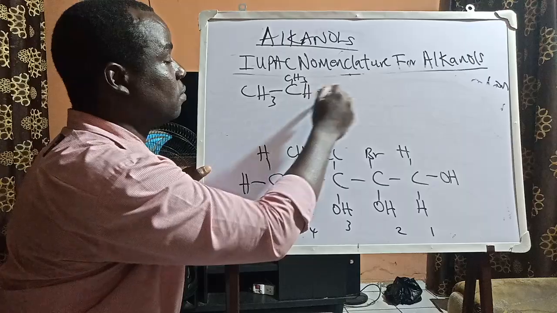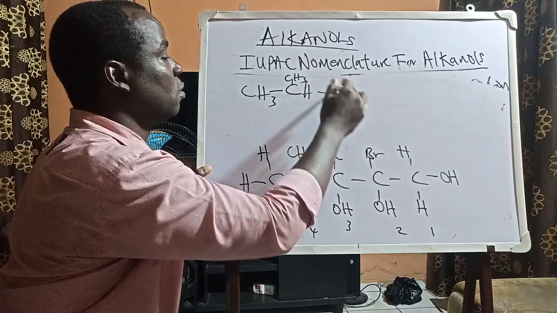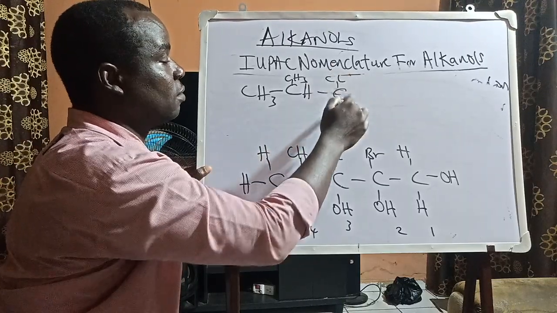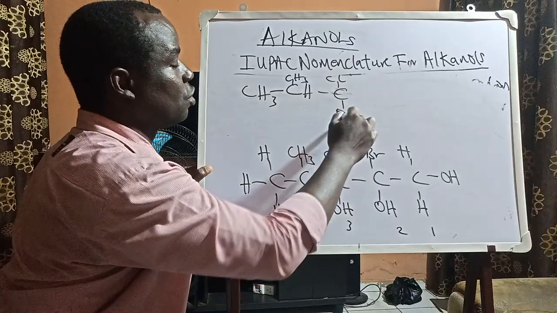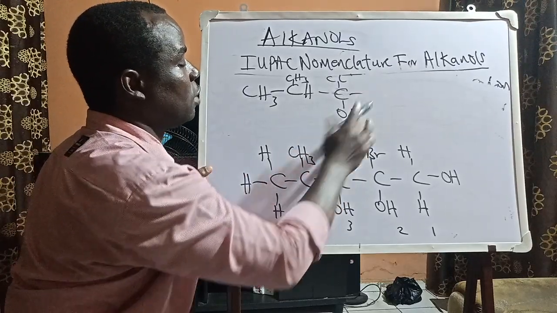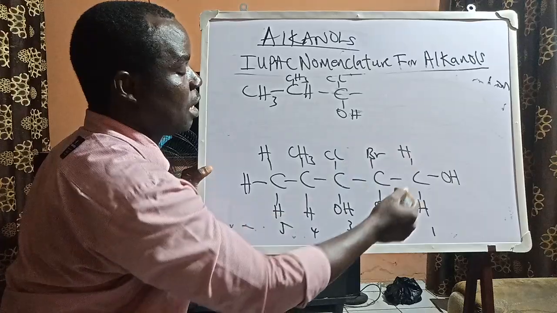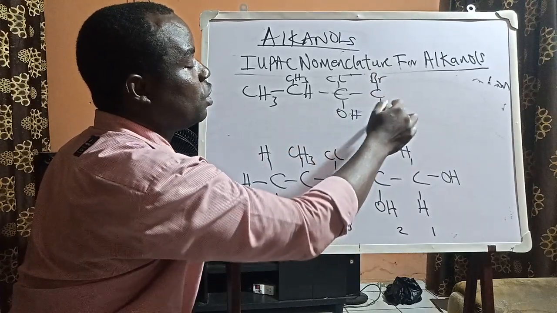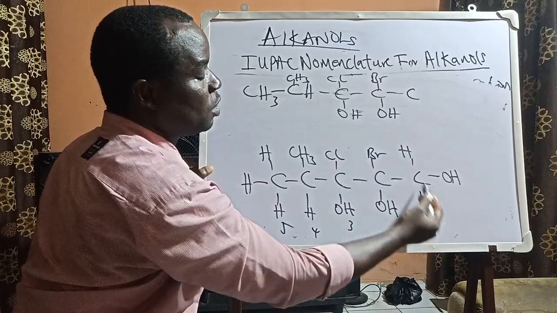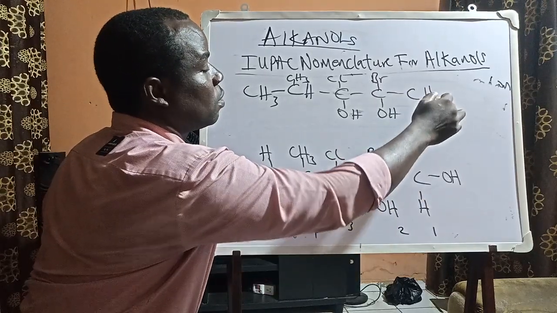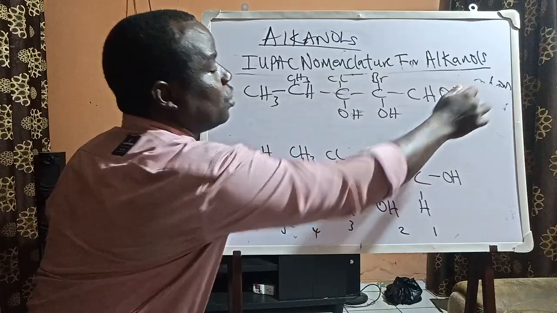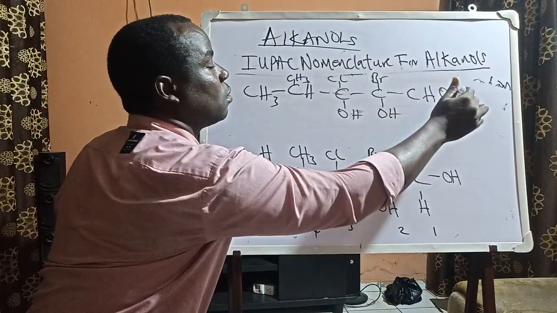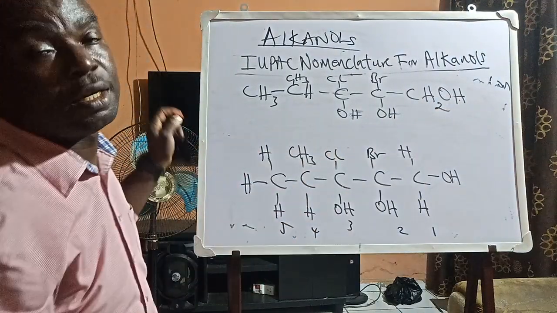I have this C, then we have Cl and OH. Then I have this C, Br and OH. Then finally I have this C with 2 hydrogen atoms. Then I have OH. That's how you summarize it.